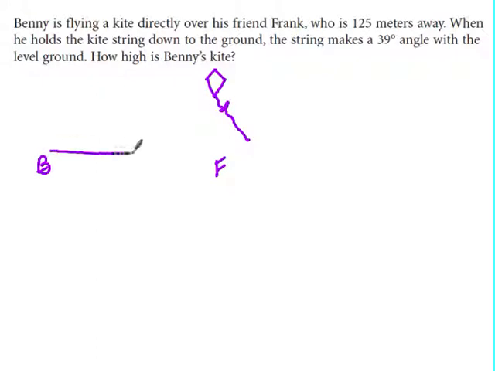So I know that this distance here is 125 meters. When he holds the kite string down to the ground, the string makes a 39-degree angle with the level ground. So here's the kite string, right here, and I know that this will be 39 degrees. I know if I draw this down to Frank, I've made a right angle.